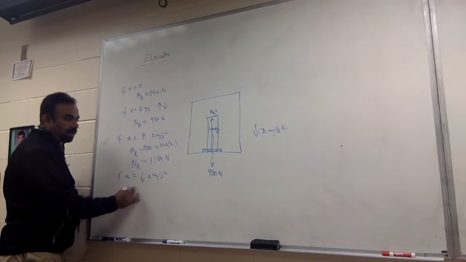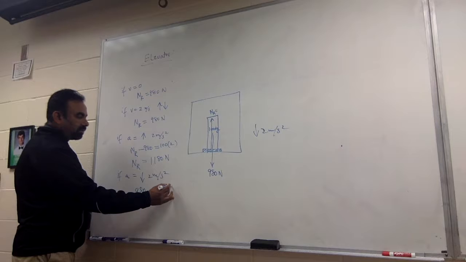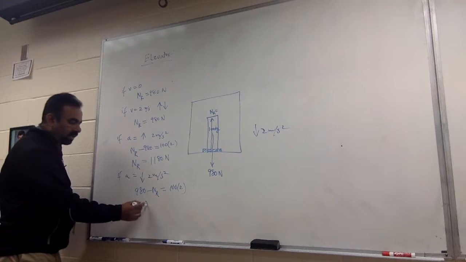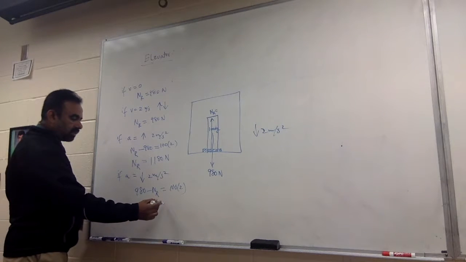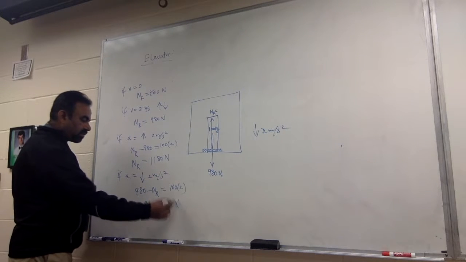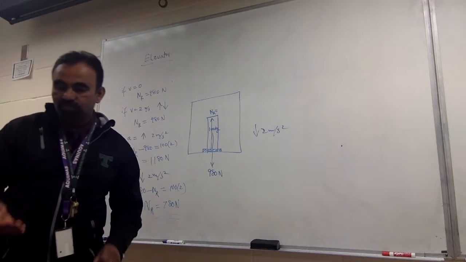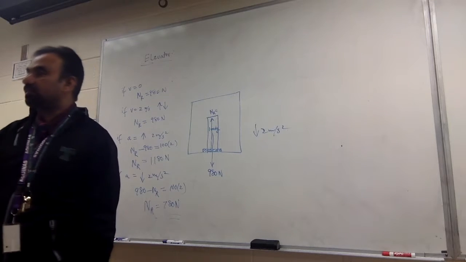So 980 minus NR is equal to 100 times 2. So NR is equal to 780 newtons. So the normal reaction is reduced, and so you feel lighter.